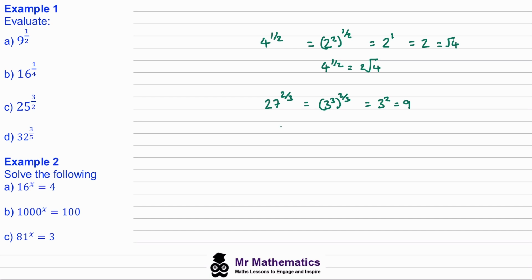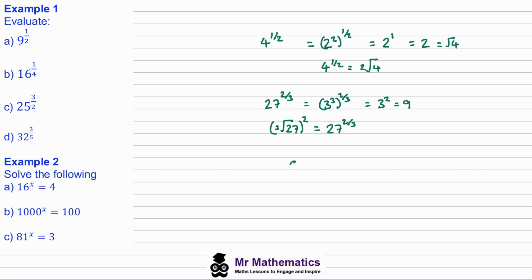And this is exactly the same as the cube root of 27, which is 3, raised to the power of 2. So what this means then is that the cube root of 27 squared is equal to 27 to the 2/3. So we can generalize these relationships.